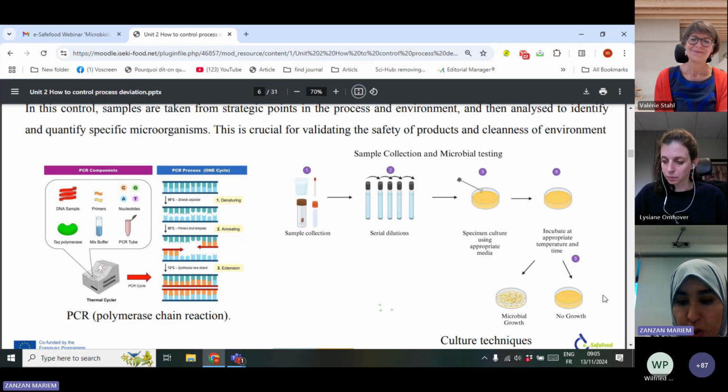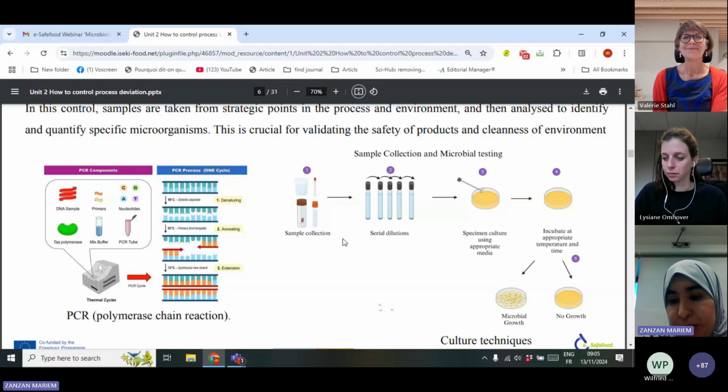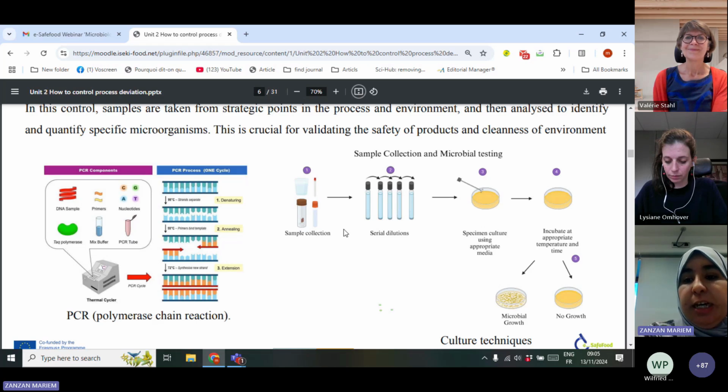Also, we have the culture technique, which involves collecting samples and incubating them in appropriate medium, temperature, and time in order to see if there is any growth or no growth of microorganisms. Those methods are crucial for validating the safety of the product and the cleanness of the environment, of course.